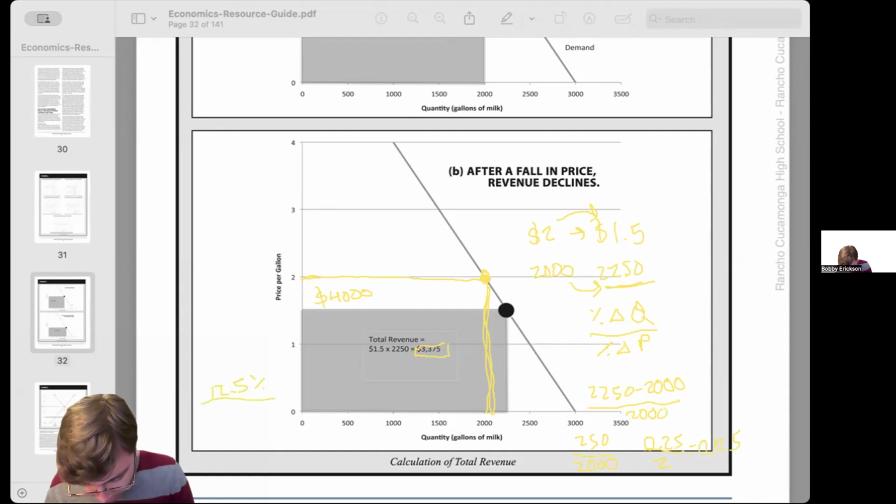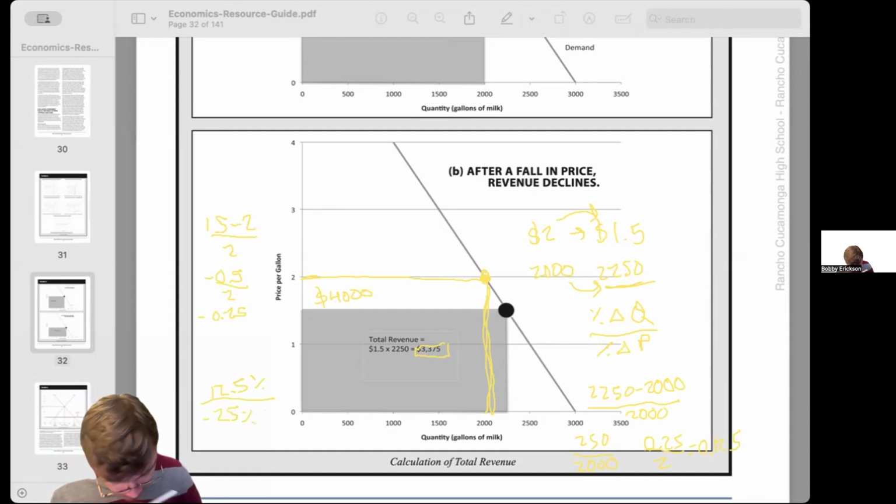And then a percent change in price, well, if we have 1.5 minus 2 divided by 2, that's going to be a negative 0.5 divided by 2, which is negative 0.25, so negative 25%.